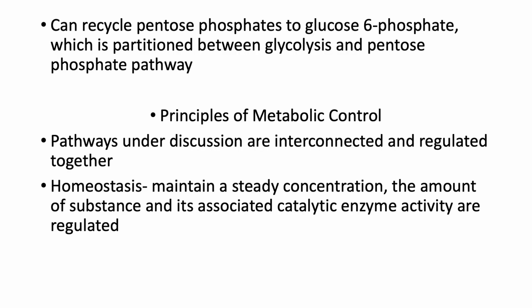So we get this structure, and this is a structure that we employ with nucleic acid backbone production. Additionally, you can recycle the pentose phosphates to glucose 6-phosphate, and that is partitioned between glycolysis and pentose phosphate pathway.